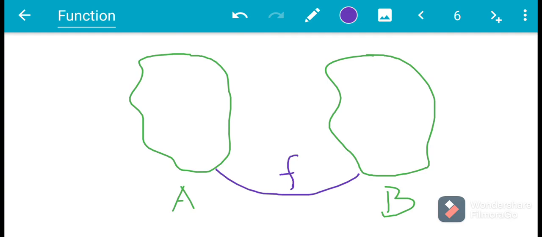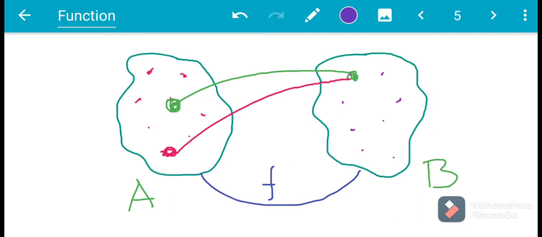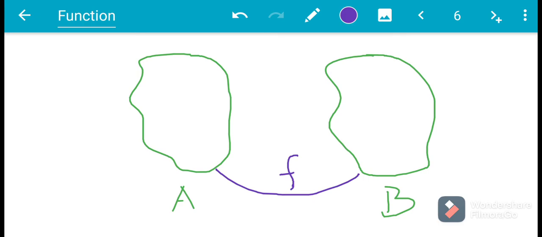The important thing is that 2 points can map, or you can say 2 points can be connected to a point of B. I have used the word map because sometimes a function is also termed as mapping. So 2 points of A can be connected to a single point of B, but a single point of A cannot be connected to two different points of B. So that is what we have learned till now.